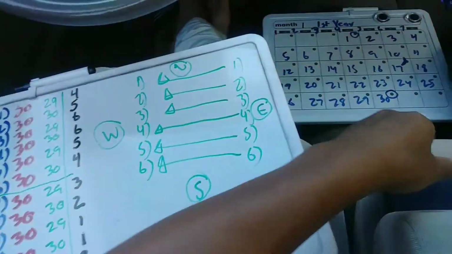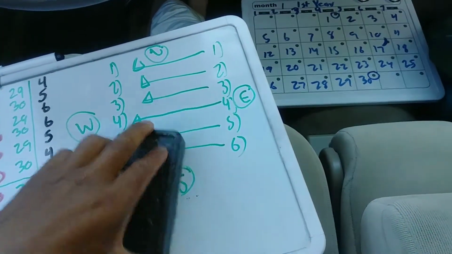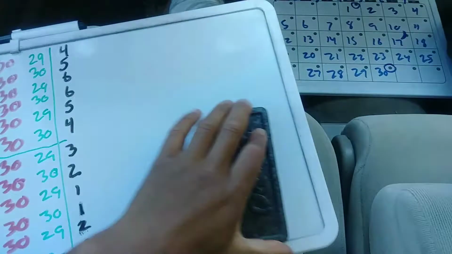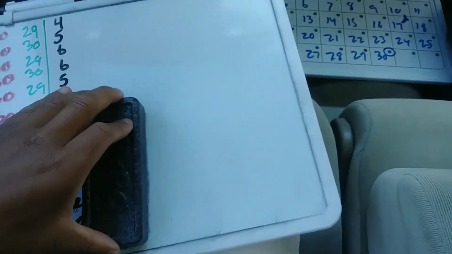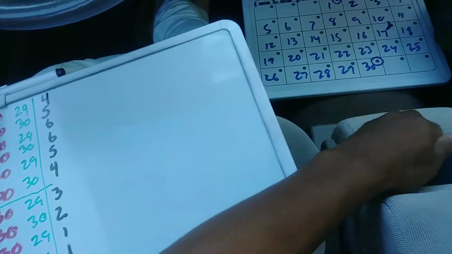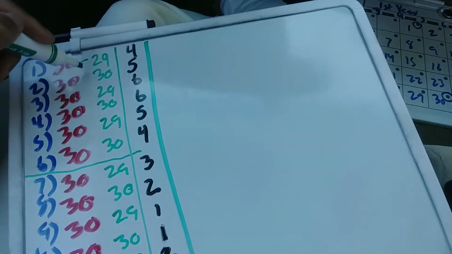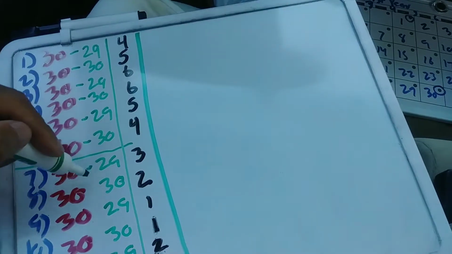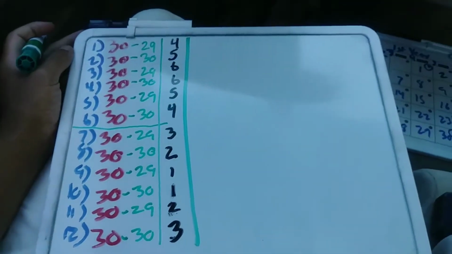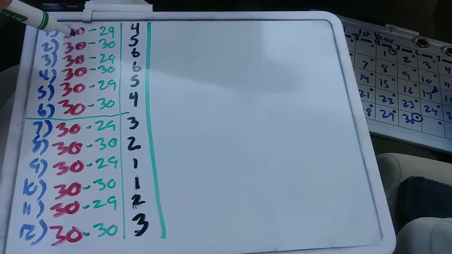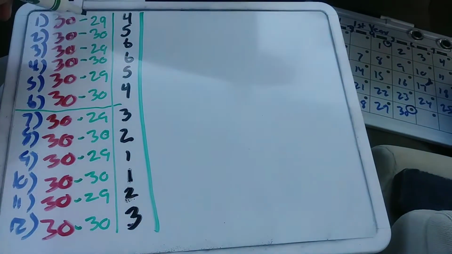So moving forward, we're going to erase this part now, and we'll move into the next phase here. What we're going to do here, we're going to subtract the days of the sun from the days of the moon.